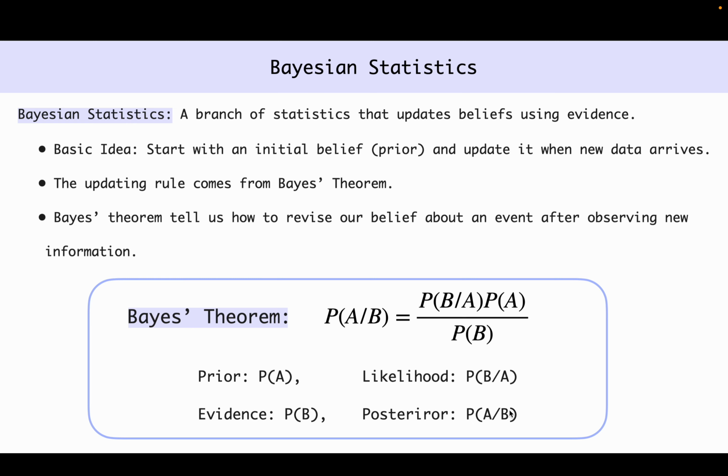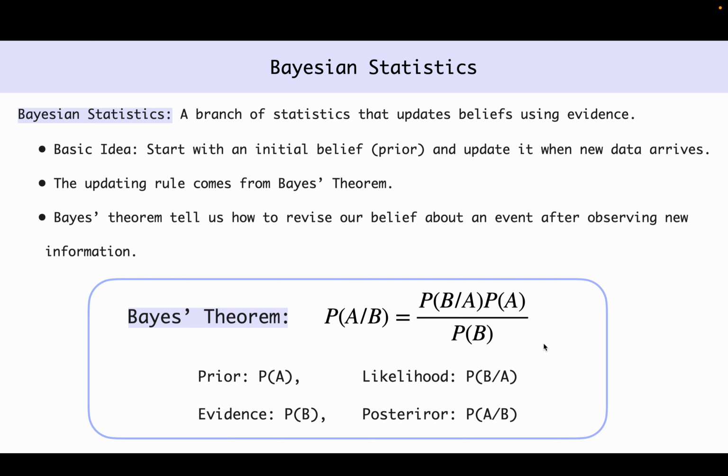And for the given new data, how the belief about A gets updated is denoted as the posterior. So we would like to find this posterior based upon the prior information, the evidence and also the likelihood function. And this is what Bayes theorem gives us. So this is the expression for it.